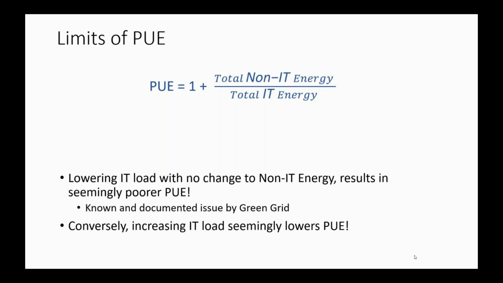Now, if your power efficient hardware consumes less energy, that means your denominator goes down. That basically means you get a higher PUE, not a lower PUE, which is contrary to what you would expect. And this is something that's well known and documented.